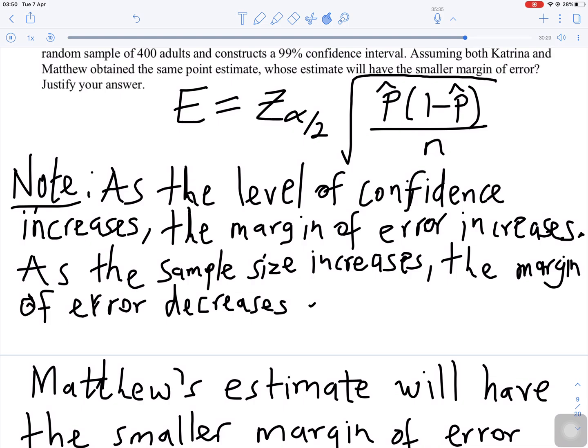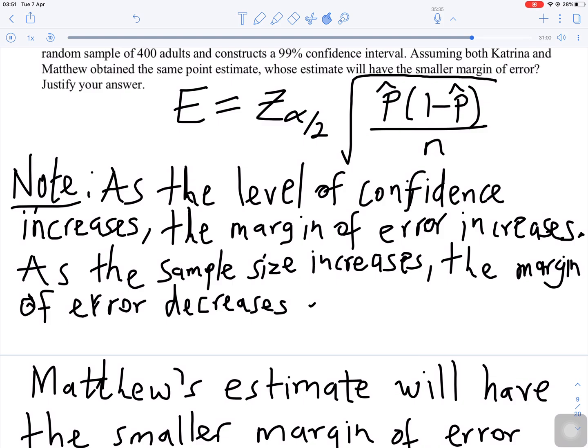Okay, so what that means with this very example is, when you consider Matthew's sample size, yes, Matthew has a larger sample size, so his margin of error will decrease, will be smaller. But then, when you also consider he has the higher confidence level, with a higher confidence level the margin of error should be increasing.